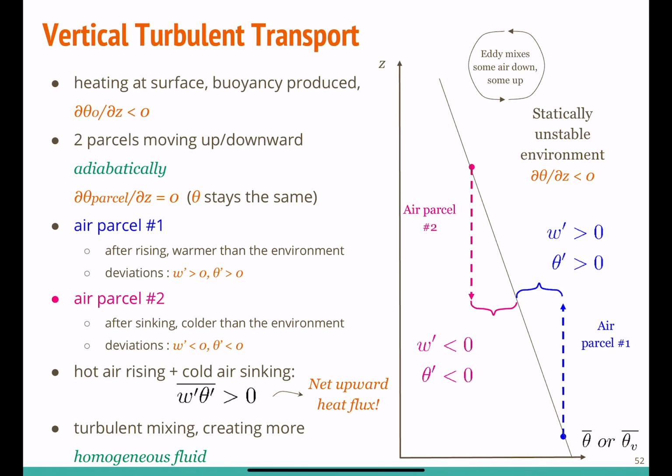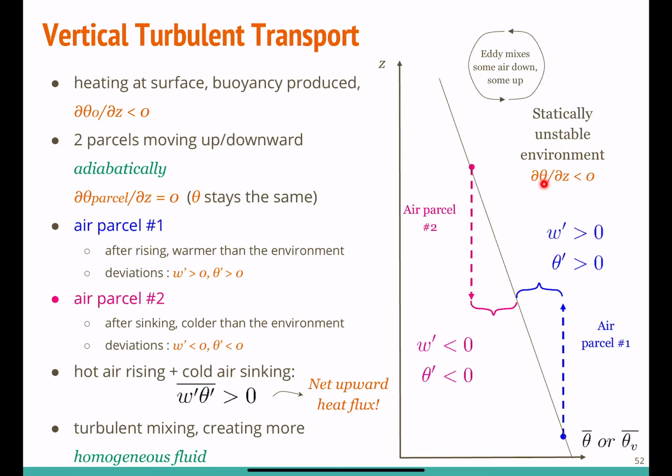Okay, so here we have the vertical profile of the potential temperature over height, and assume that we have heating at the surface and buoyancy produced. That's why we have an unstable profile in here, a statically unstable environment.